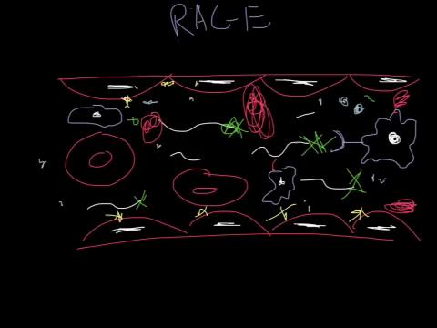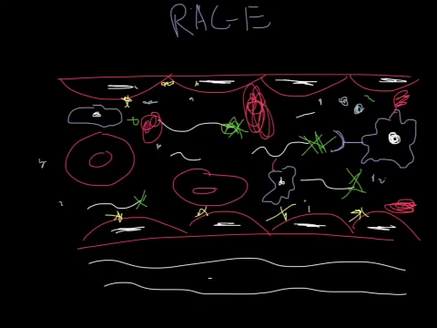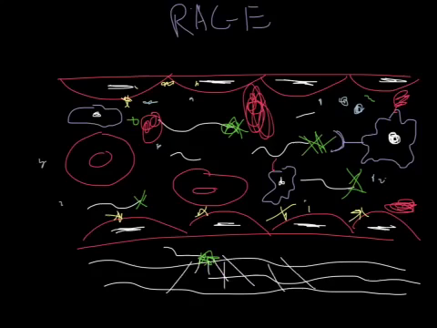In addition, we have collagen in the extracellular matrix out here, which the advanced glycated end products, the AGEs, can directly bind. When they bind to these collagen fibers, they're going to start forming crosslinks. So we have crosslinks formed, and this makes the extracellular matrix far more brittle.